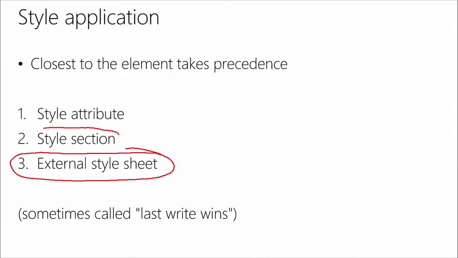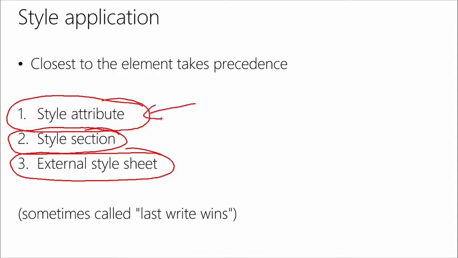Then it's going to apply the style section, and then it's going to apply the style attribute. Or if you like to be a more positive person, then the style attribute takes precedence, and then it's the style section, and then it's the external style sheet.